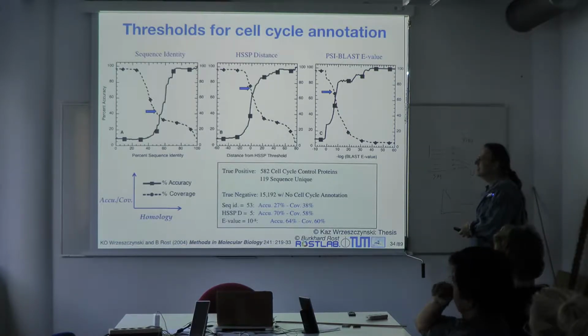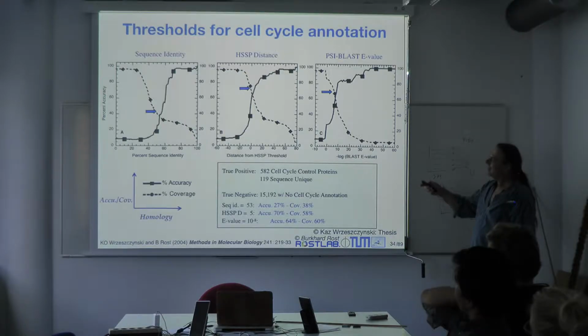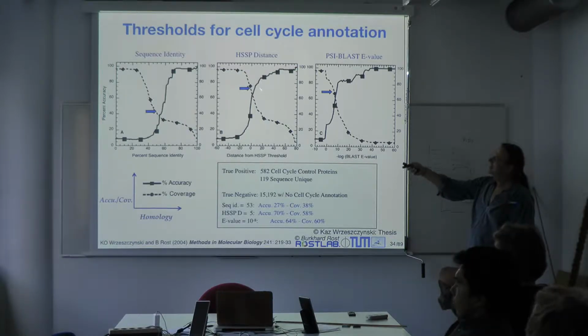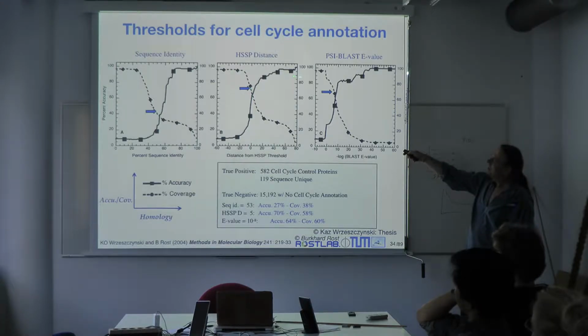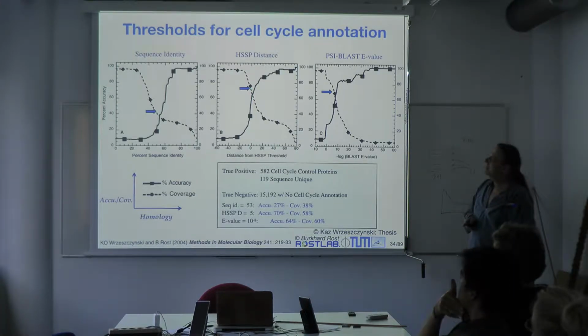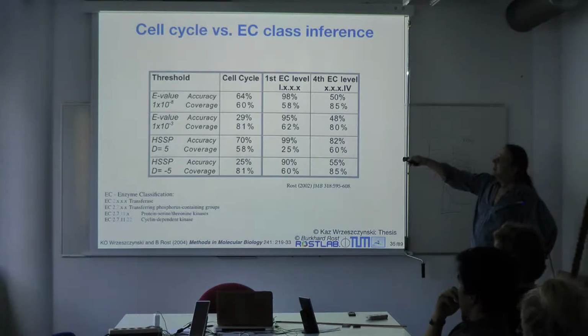Now they have different numbers. It's again the HSSP value, percentage sequence identity, BLAST E-value, and again the accuracy drops and coverage increases. At 0, we see that the curve is a little bit lower, certainly lower than even the localization. So that allows you to go to the level and say, at a particular E-value I have a certain accuracy.